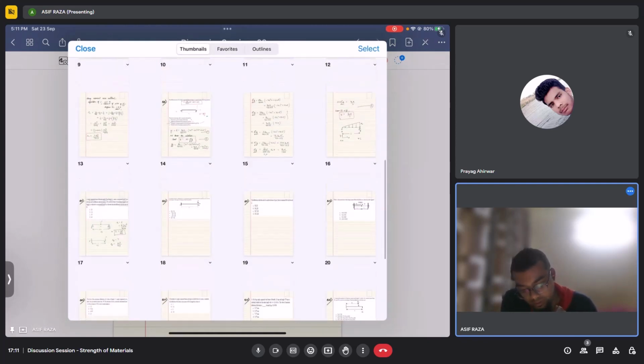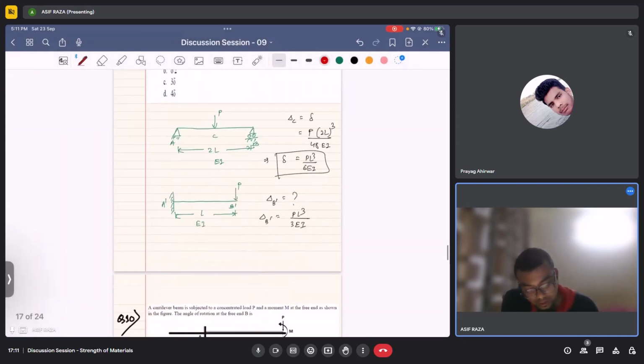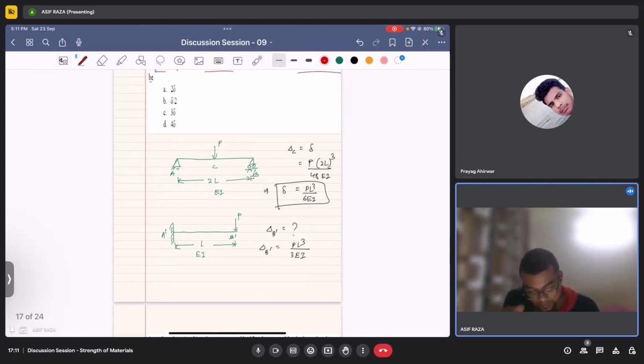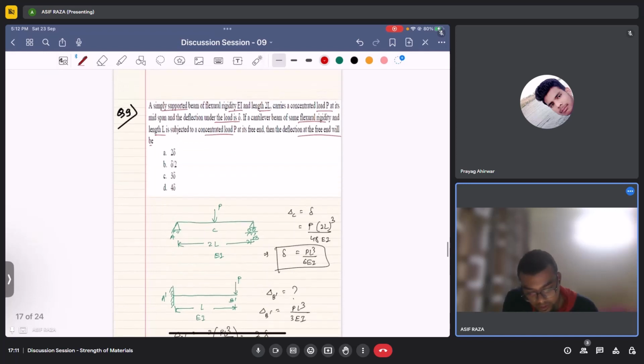In this case, delta B dash is PL cube by 3EI, which can be written as 2 PL cube by 6EI, right? And this is equal to 2 delta. The correct answer would be option A, 2 delta.